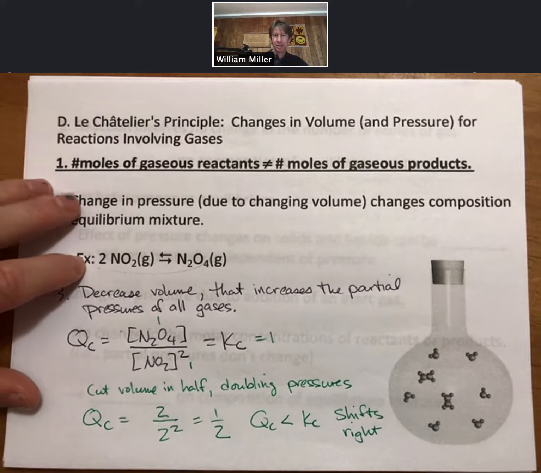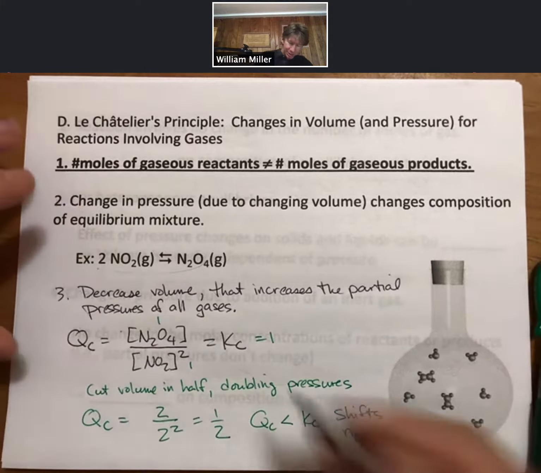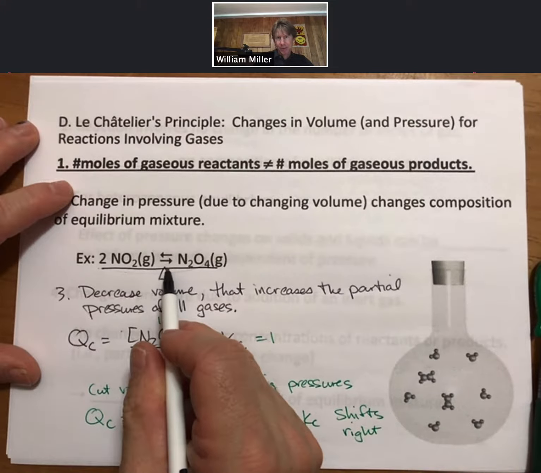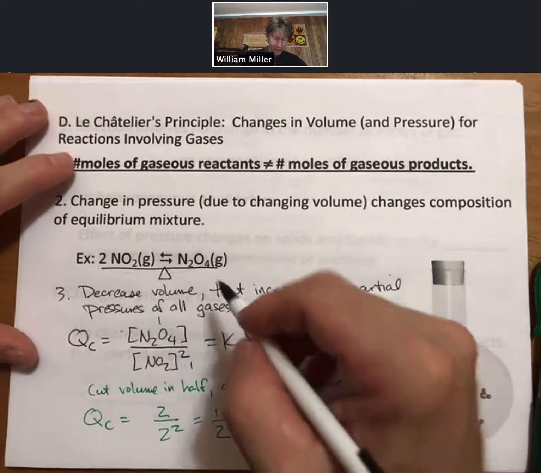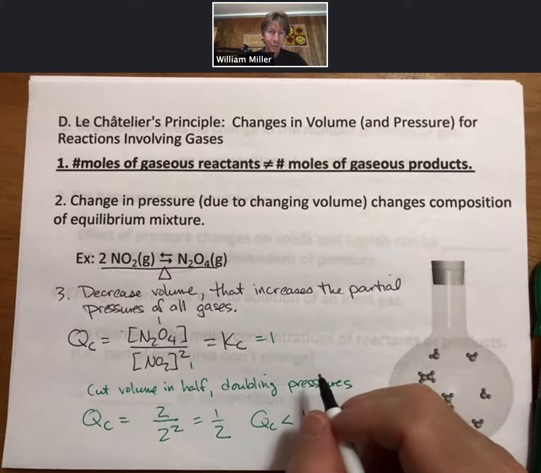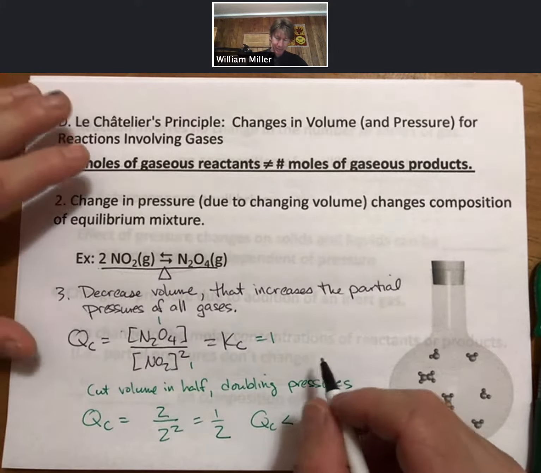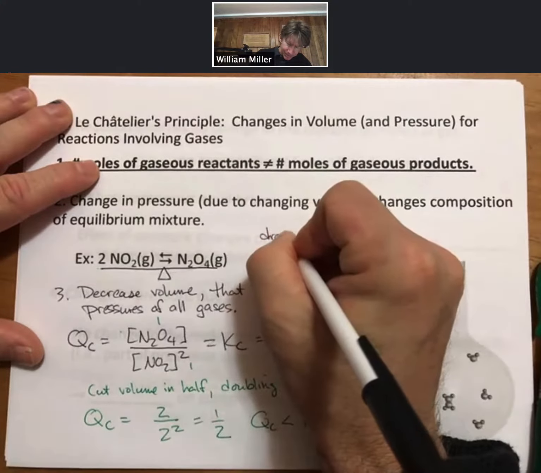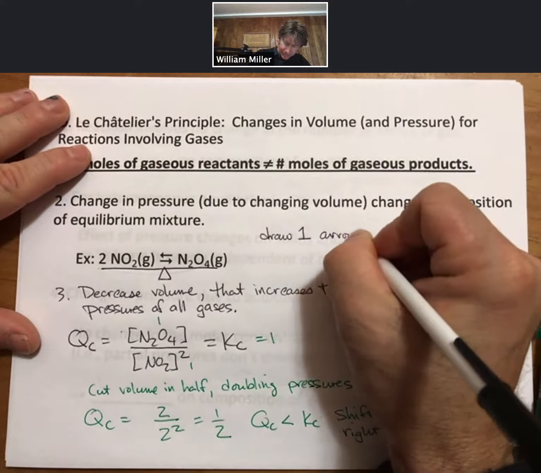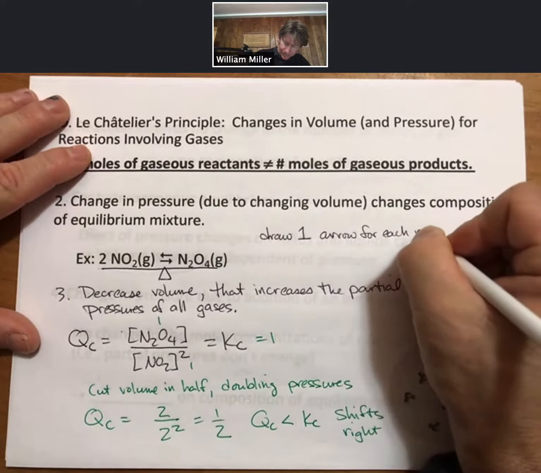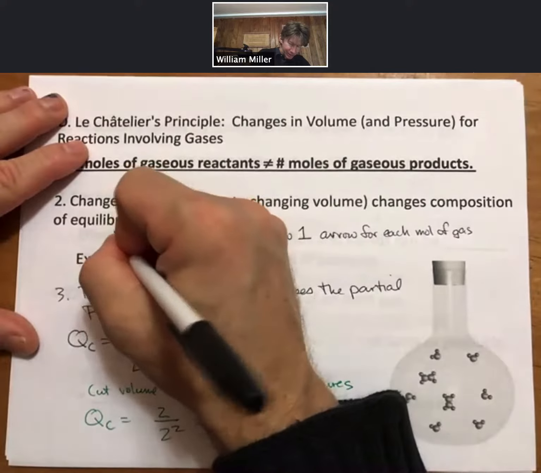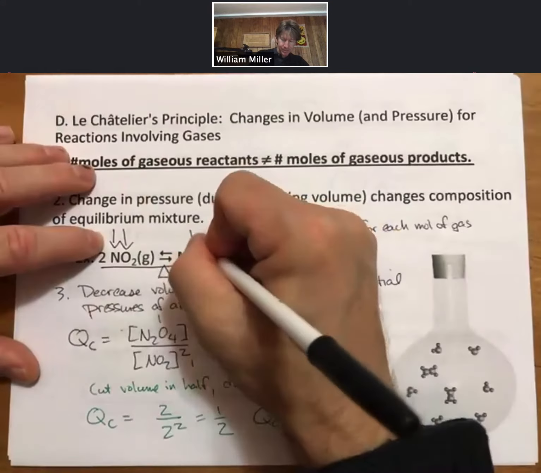Now let me talk about Le Chatelier's principle. Remember, Le Chatelier's principle says we're at equilibrium, on a balanced seesaw, and then we are increasing the pressures or doubling them, however it's said. So increasing is fine. Then we're going to draw 1 arrow for each mole of gas. So I'm going to do here, here, and here.